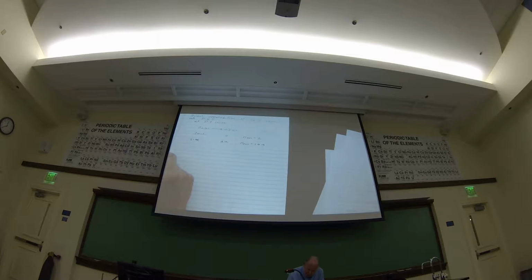And what will the mole fraction of I2 be at equilibrium? 1 minus alpha over 1 plus alpha. Right? What will the mole fraction of the monatomic species be? 2 alpha over 1 plus alpha. Everybody see that? What will be the sum of the mole fractions? It'll be 1.